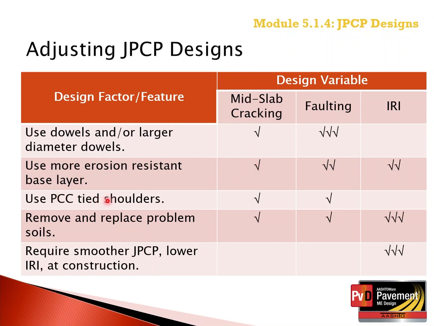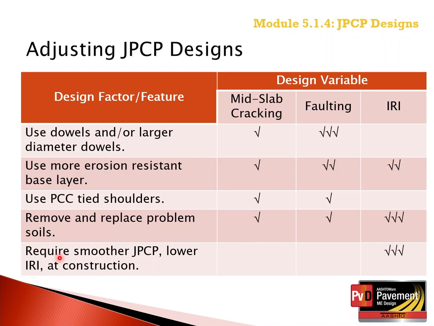The use of tied PCC shoulders has a minor impact on reducing mid-slab cracking and faulting. The option of reducing and replacing problem soils with selected import materials can have a moderate to significant impact on reducing IRI, but only a minor to low impact on reducing mid-slab cracking and faulting.